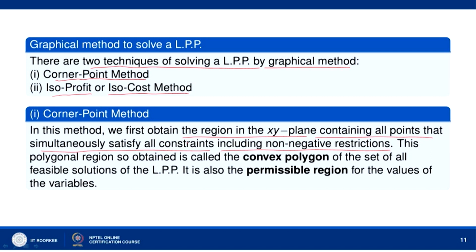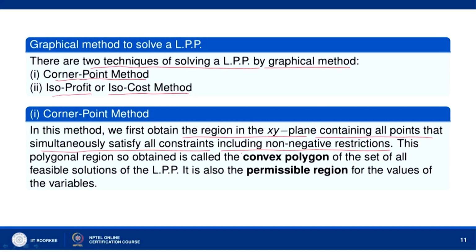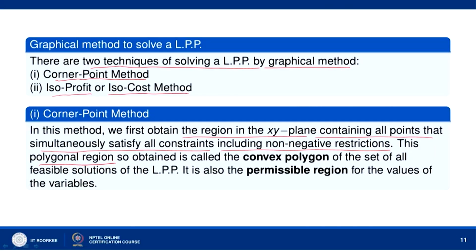So, we have the constraints given by the system of equations 2, and the non-negative restrictions, that is x1, x2, ..., xn are all greater than or equal to 0. So, we determine that region in the xy plane which is satisfied by all the constraints given by system 2 and the non-negative restrictions on the n variables x1, x2, ..., xn. This polygonal region is called the convex polygon of the set of all feasible solutions of the linear programming problem.